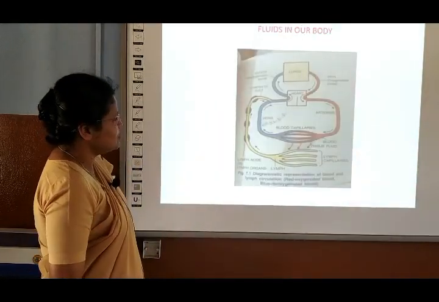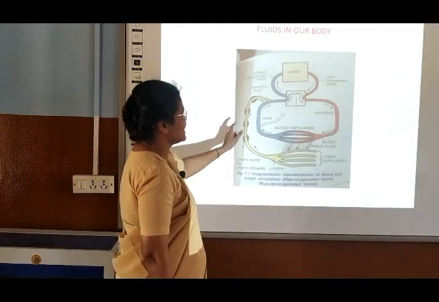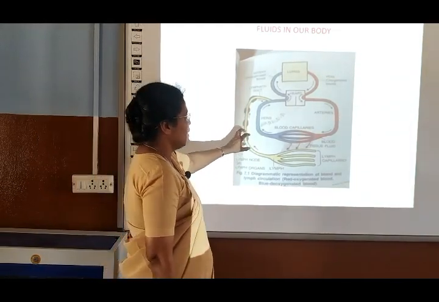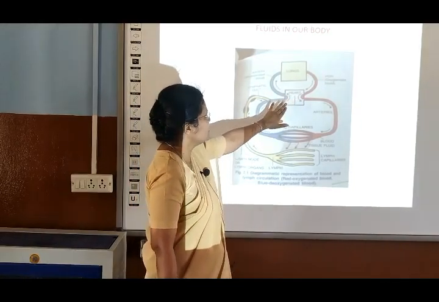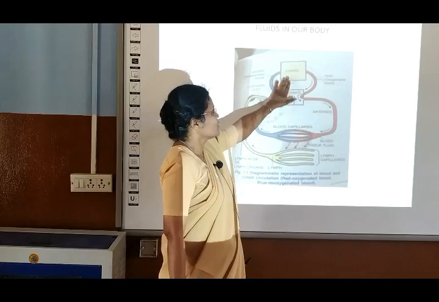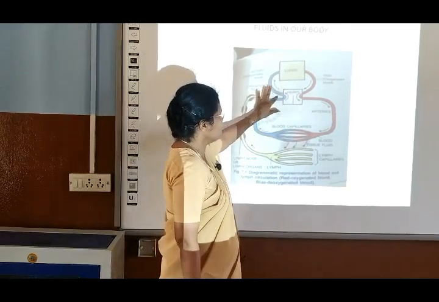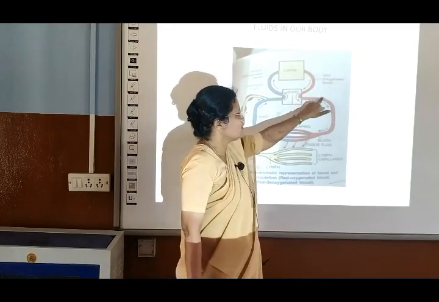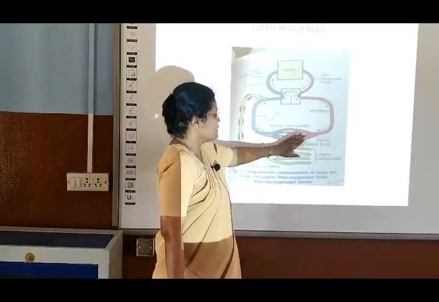Now, for you to understand clearly about the blood, you have a heart here, a lung here, and the blood vessels. This indicates the vein, this indicates your artery, and this indicates your capillary.